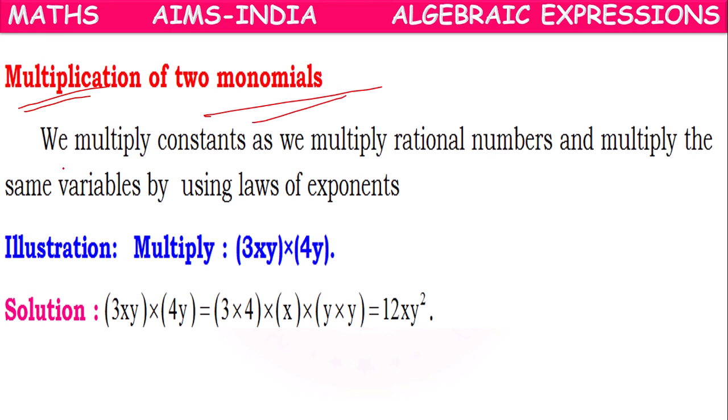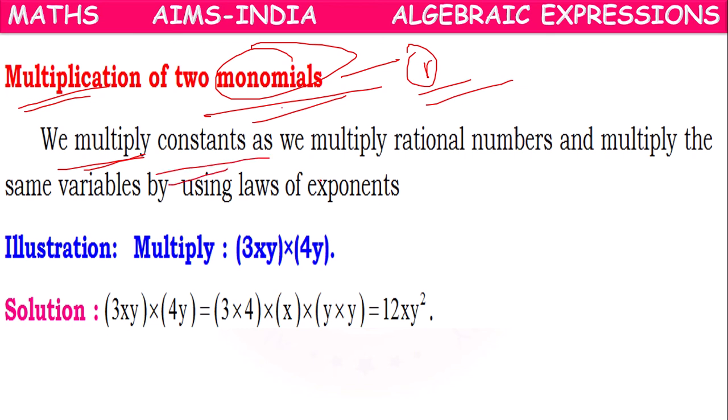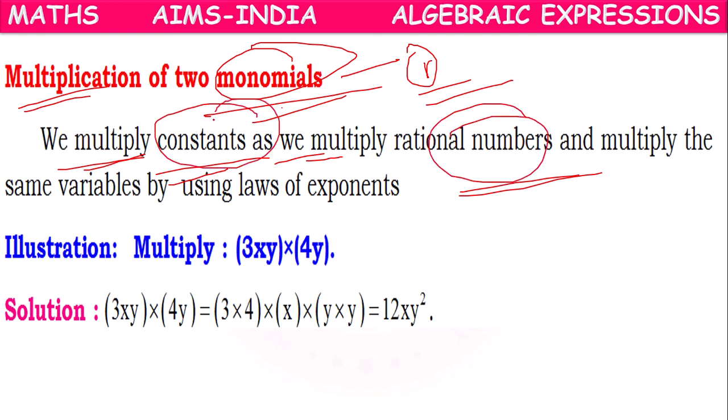While multiplying two monomials, monomial means having a single term. While multiplying monomials, we multiply constants as we multiply normal rational numbers, and we multiply the same variables by using the laws of exponents. Suppose 3xy and 4y are there.